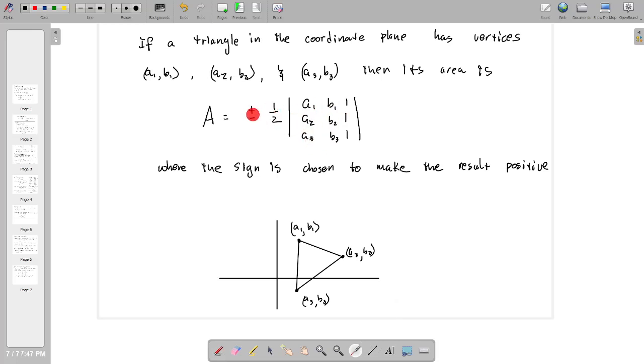Also, make sure that your sign is positive. If your determinant comes out to be negative, just make it positive. That's what this plus or minus means.